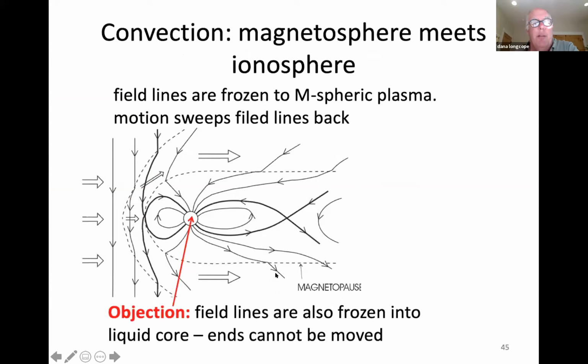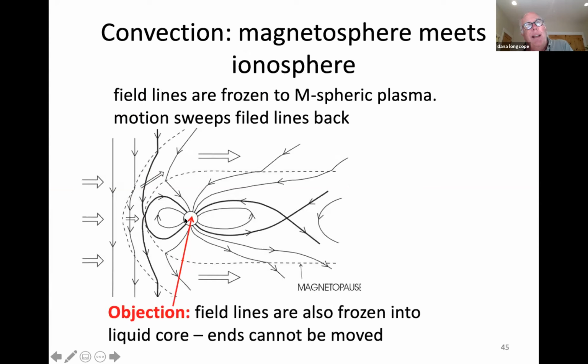One of the last things I want to do. One of the things that our last lecture told us was we have this magnetic field from the Earth, and that's really moving very slowly. We had something like 10 to the minus 4 meters per second as the speed with which the molten core is moving.